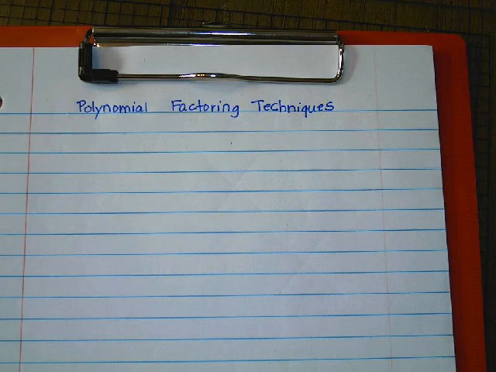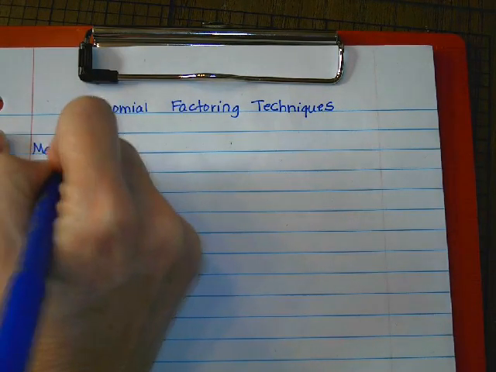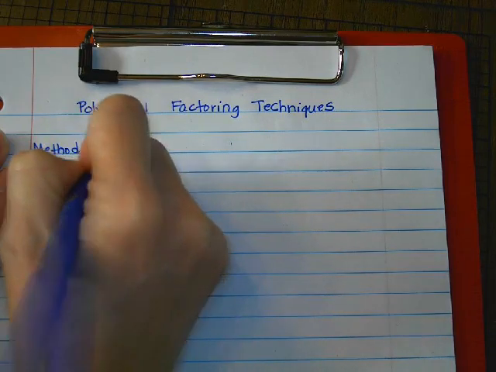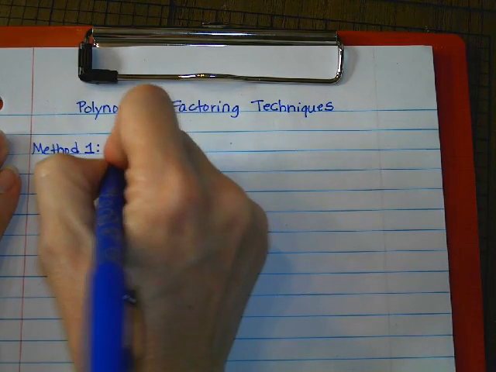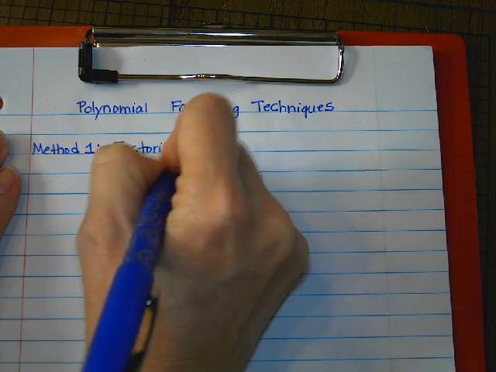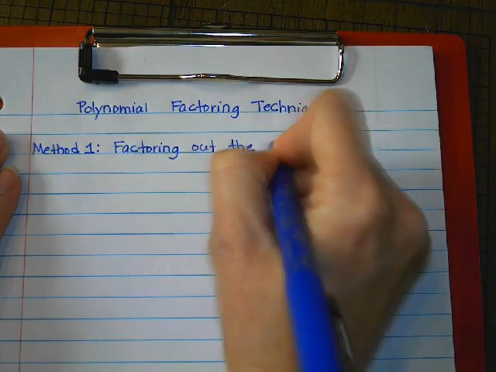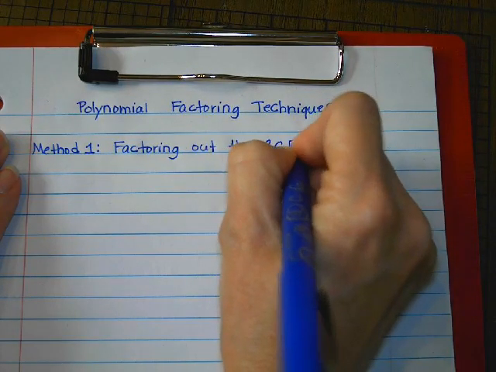So when we find our first method, we're going to do method 1. I'm going to write this down. Method 1. So method 1 is factoring out the GCF.